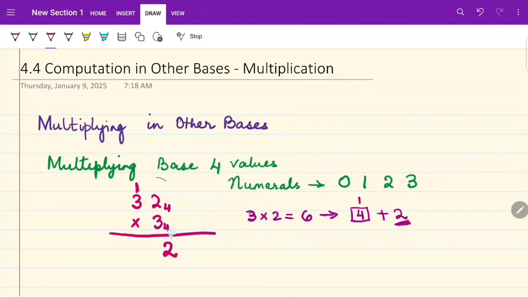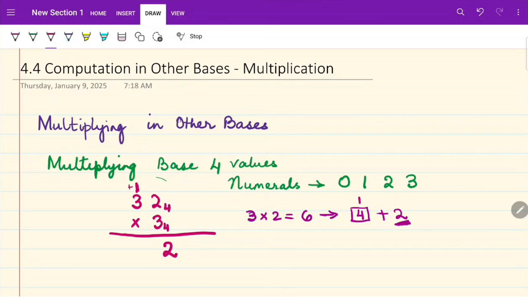Then we continue with the multiplication. This time we multiply 3 and 3. So 3 times 3 is 9. But we have to add the 1 here. So 3 times 3 is 9, plus 1 is 10. But 10 is a value not in the numeral system for base 4.